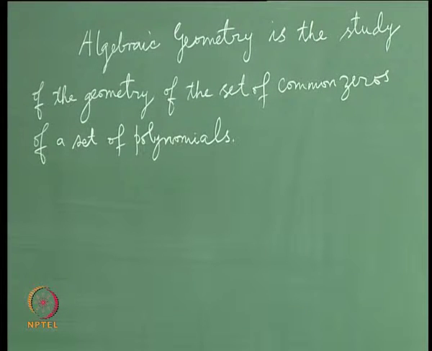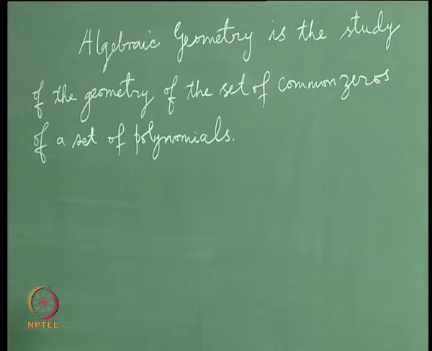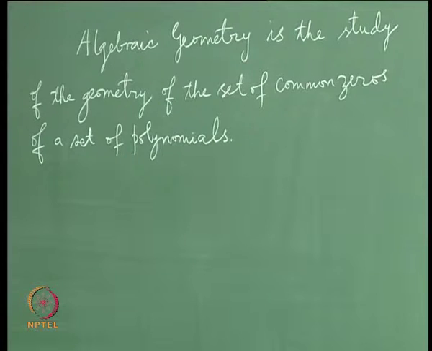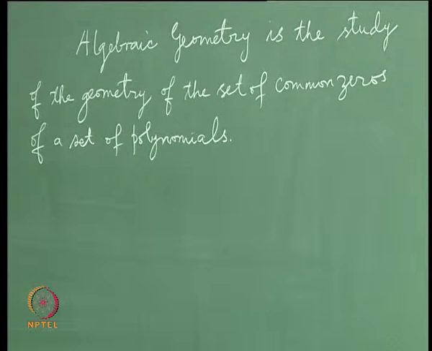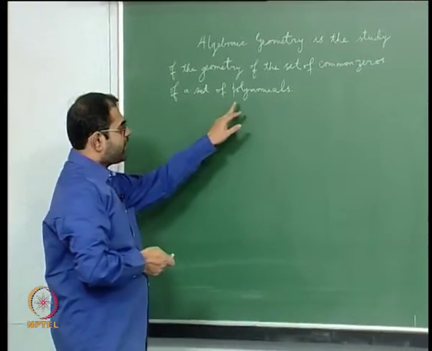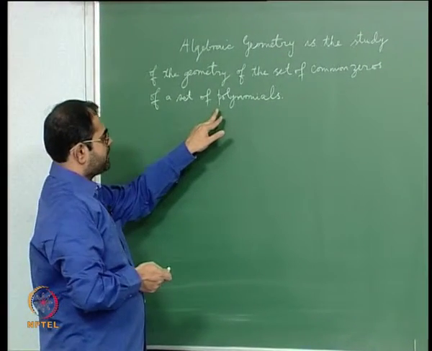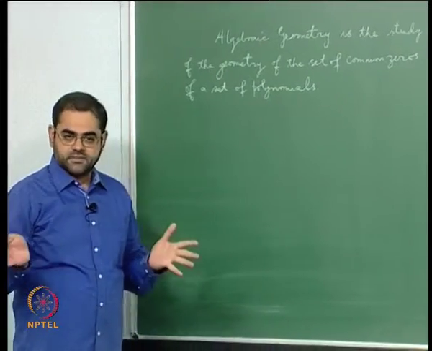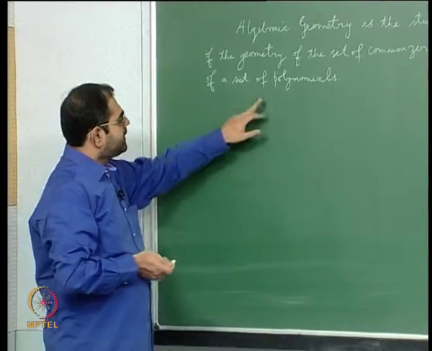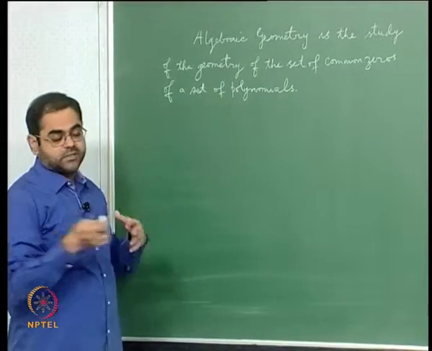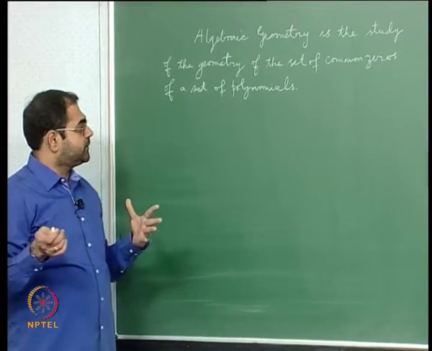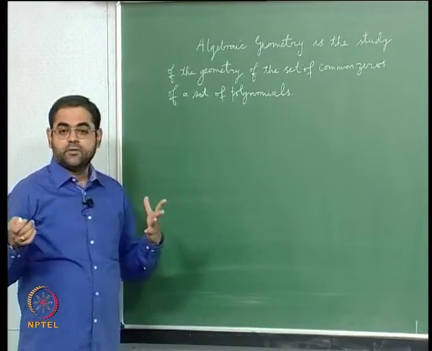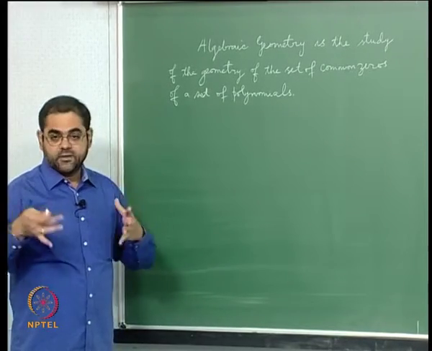Okay, so beginning with this, let's try to take the discussion further. So when I say a set of polynomials, of course I should tell you where these polynomials are from. Okay, and then I should also tell you these are polynomials in how many variables.